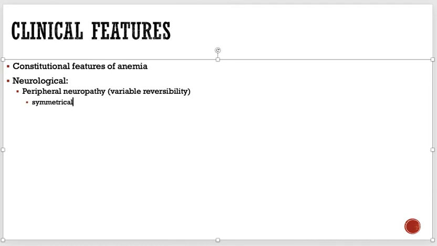And it affects the lower limbs more than the upper limbs, because the lower limbs have the long nerves, so they are the ones which present first. These patients complain of tingling sensation, pain, numbness, altered sensation in the limbs. I'm not saying not upper limbs, but lower limbs are affected more than upper limbs.